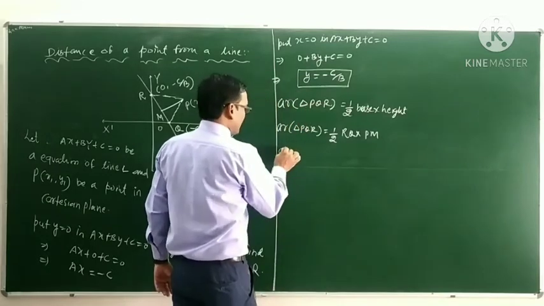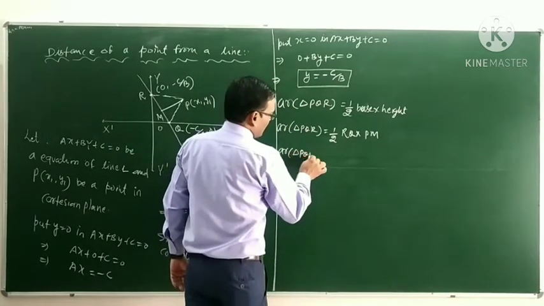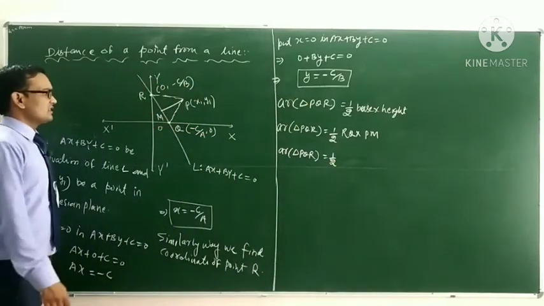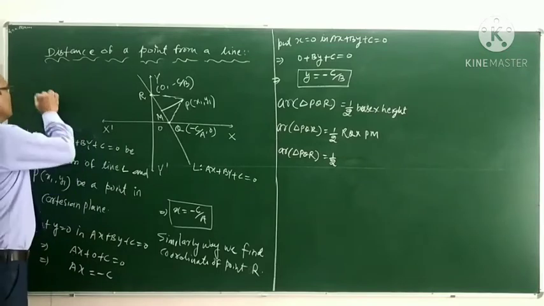Okay, students, area of triangle PQR is equal to half. Here we find RQ.